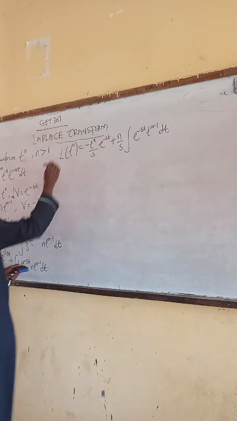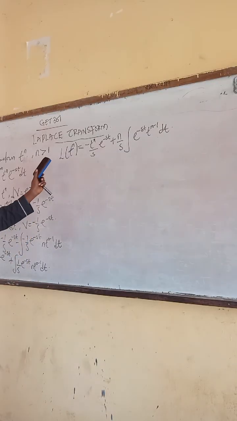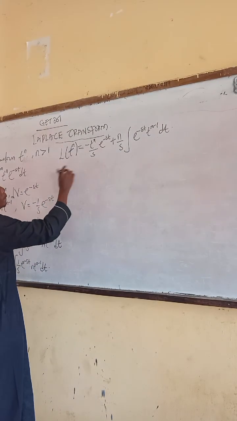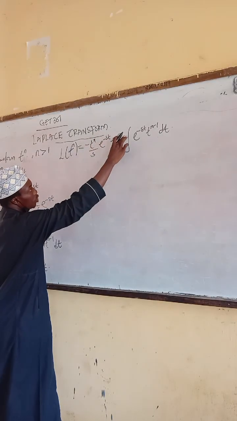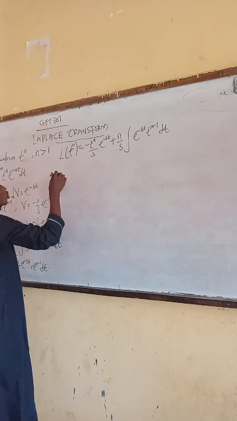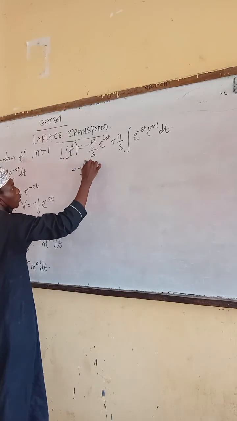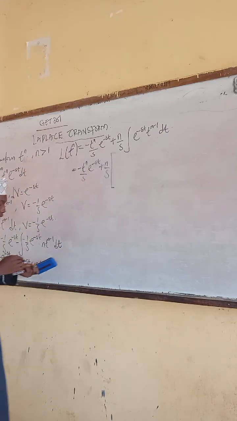Now, from this place, let's keep n over s aside as well. So you are going to have minus t raised to power n over s exponential minus st, plus n over s, open brackets. I'm going to be integrating directly.